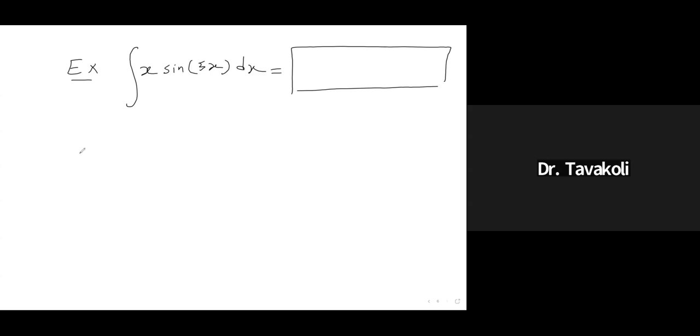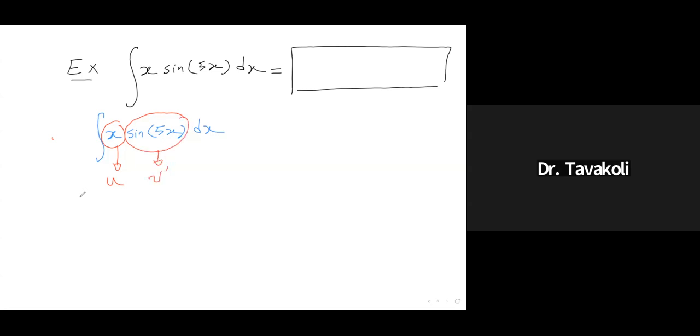So for this integral, let me rewrite it here, x sine of 5x. If you want to use integration by parts, what do you take as u and what do you take as v prime? As you might have correctly figured out, this will be u and this will be v prime.